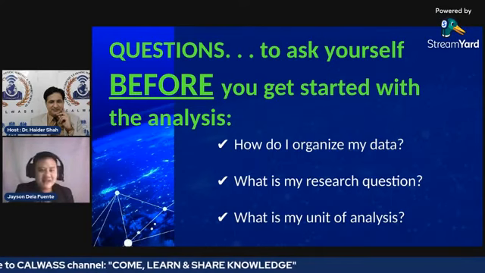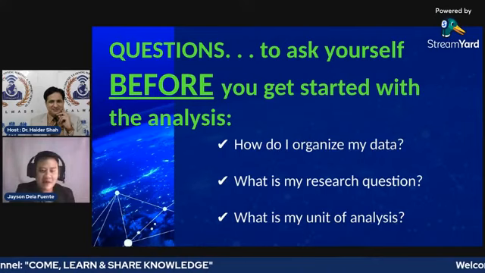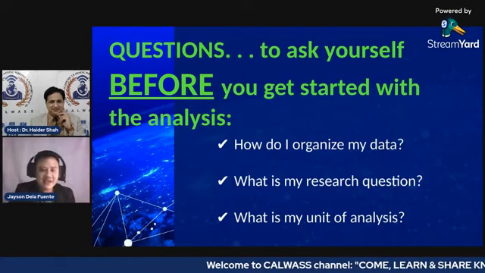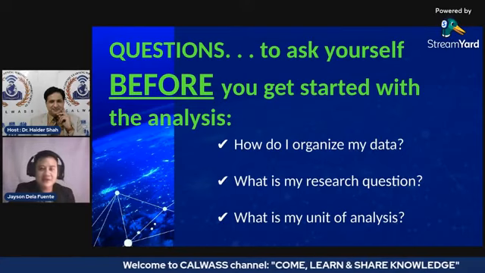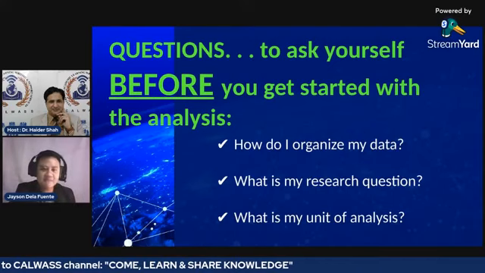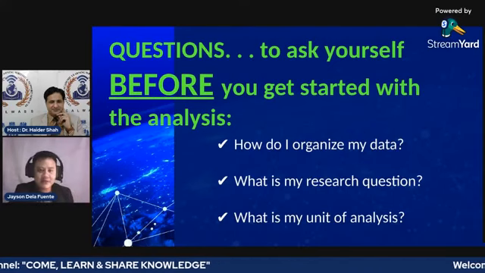We cannot come up with our findings or results if we don't have data. Everything relies on the data that we gathered. So organizing data is important to have very good findings.